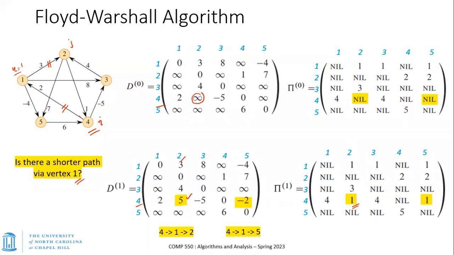Now notice that the predecessor is not the vertex following 4, but it's the vertex before 2. So it's the vertex before the destination. That's how we're going to define the predecessor matrix. So we've discovered 2 shorter paths. We can go 4, 1, 2, and we can also go 4, 1, 5, which were earlier both infinite.